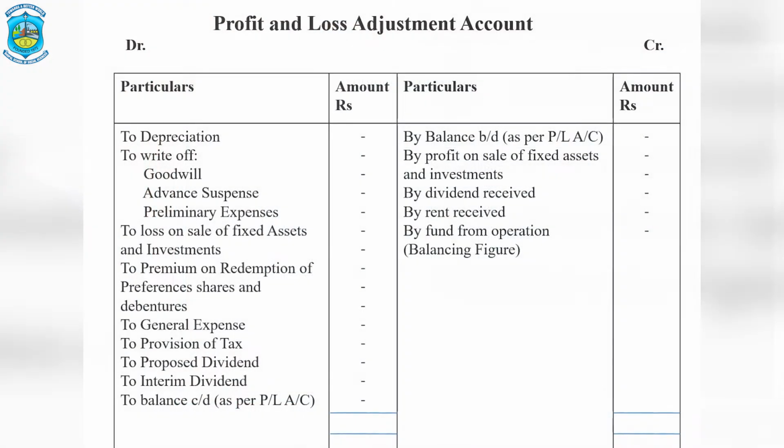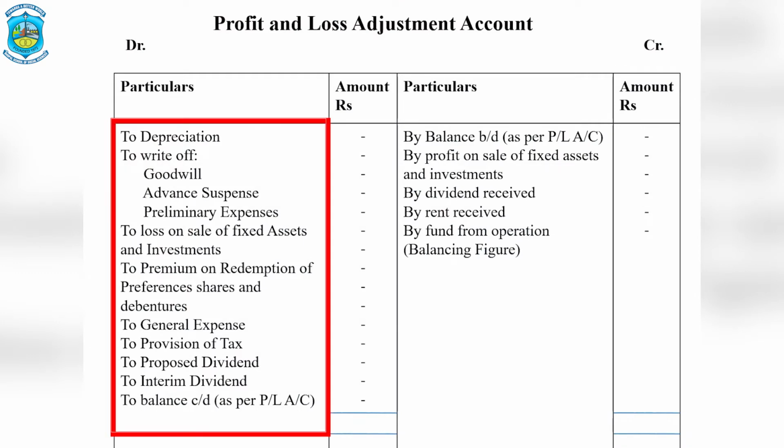Here, all these are non-cash and non-operating expenses which have to be written on the debit side, like depreciation, goodwill written off, preliminary expenses, loss on sale of fixed assets and investments, premium on redemption of preference shares and debentures, general expenses, provision for tax, proposed dividend, and interim dividend. So all these are our non-operating and non-cash expenses of the business.